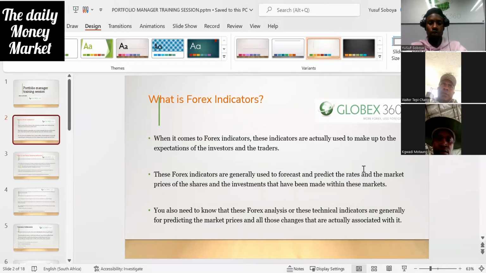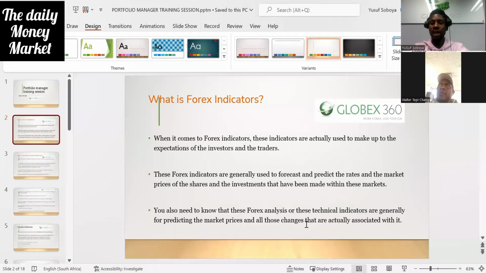You also need to know that this Forex analysis, or these technical indicators, are generally used to predict the market price and all the changes associated with it. So pretty much they are all about predicting the market price, the next move where the market is going to go.